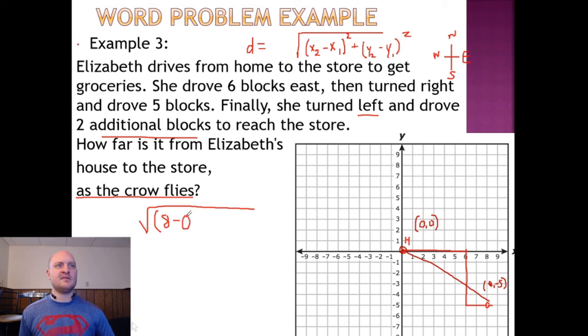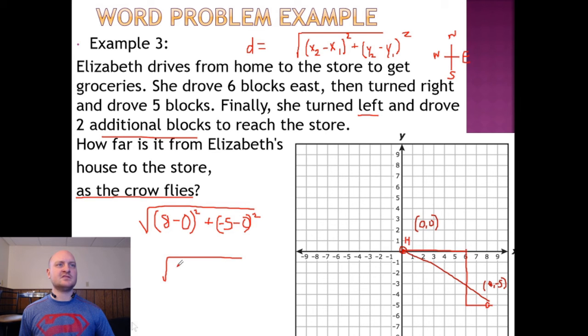Well, that's going to be easy. That'll just be 8 minus 0 and then squared. That'll come out to 64 here in a moment. Adding in the y2, which is -5. Take away the y1, which also is 0. And then square that.